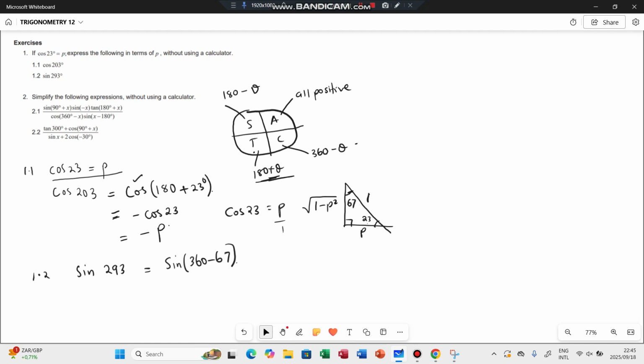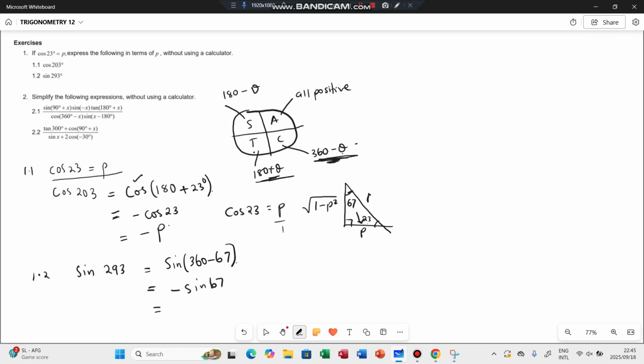So it will be easier to know that sine is opposite, which is p, over hypotenuse, which is 1. Looking through the fourth quadrant, it is 360 minus theta, and sine of 360 minus theta means that in the fourth quadrant sine is negative. So this is the negative of sine 67.